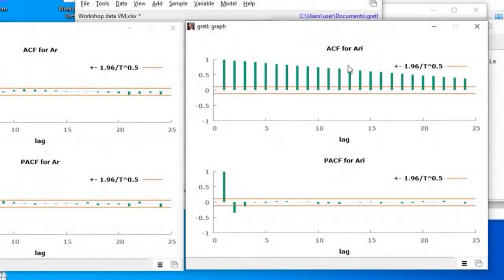But in the second case, where the ACF is not fast decaying, where it decays slowly, there we have one or two significant spikes. The significant spikes in this case will indicate the number of unit roots.